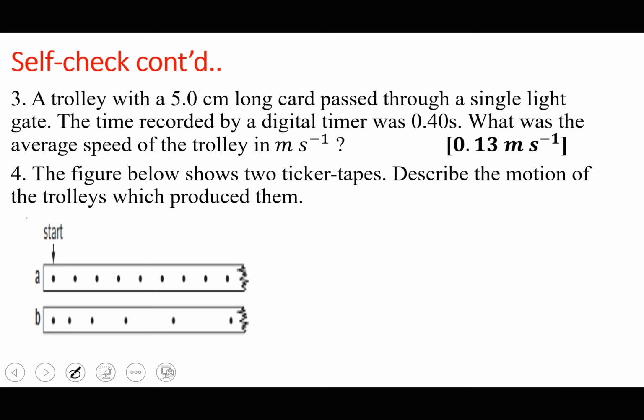A trolley with a 5.0 centimeter long card passes through a single light gate. The time recorded by a digital timer is 0.4 seconds. What was the average speed of the trolley in meters per second? So we have the distance, the length of the card, we have the time, we just divide. Let me check if this answer is correct. 5 divided by 0.4.